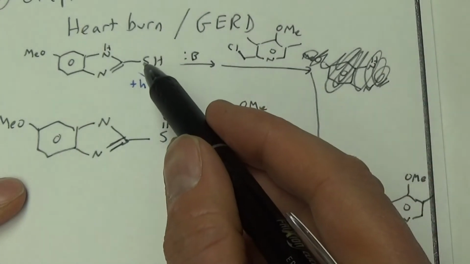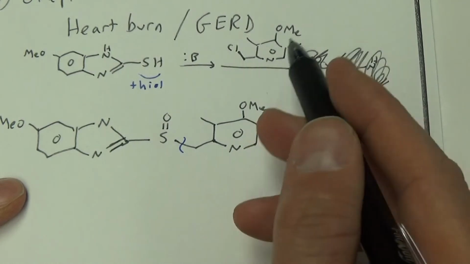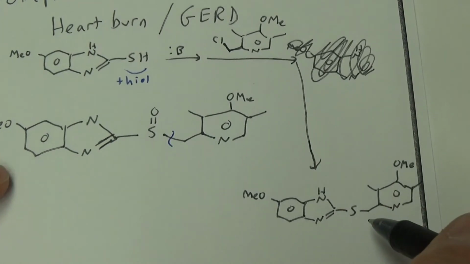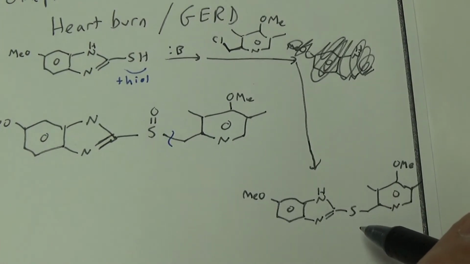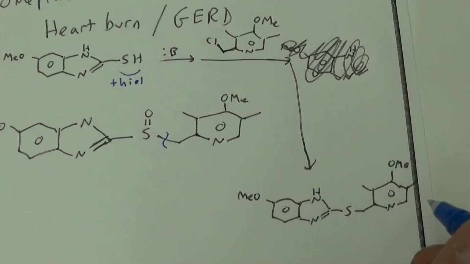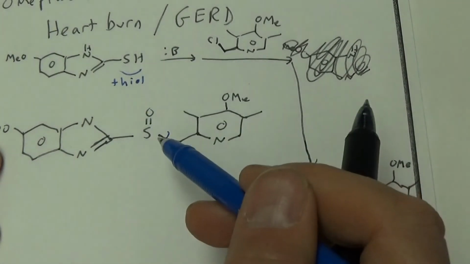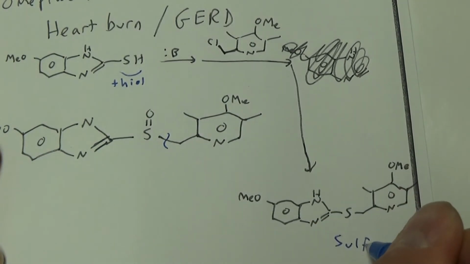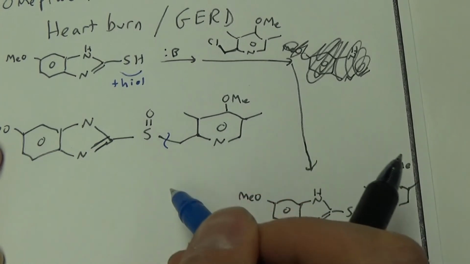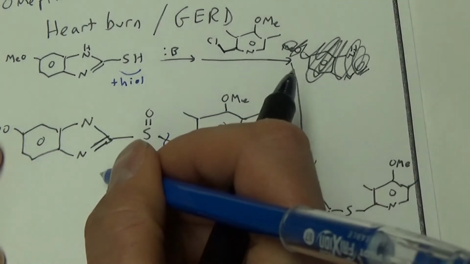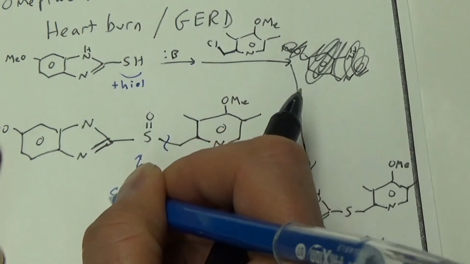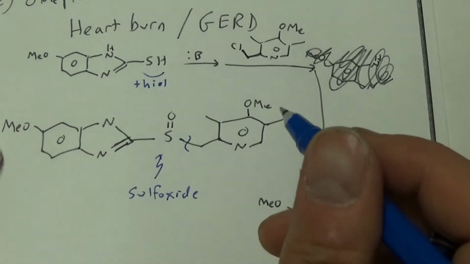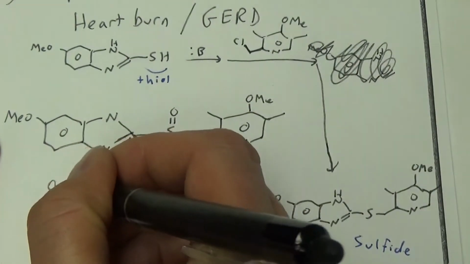Base takes the proton, S- attacks the carbon, kicks off the leaving group, the chloride. And then we have this. What's this functional group called? That's a thiol. This is a sulfide. And this functional group, of course, is a sulfoxide. And the product's name is Meprazole.